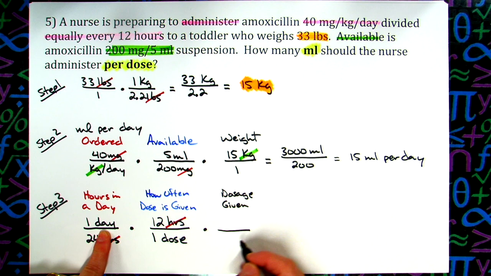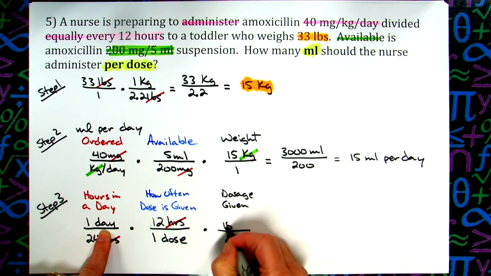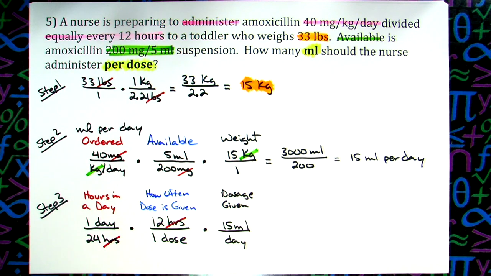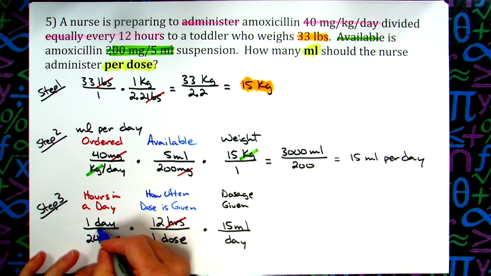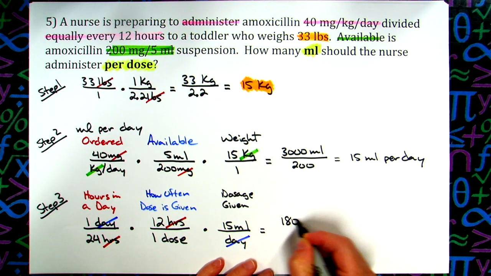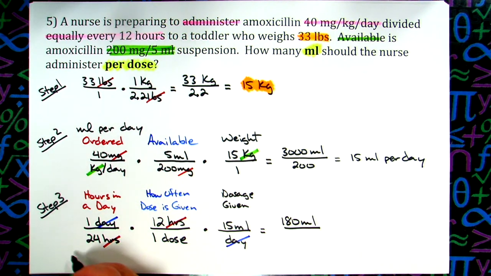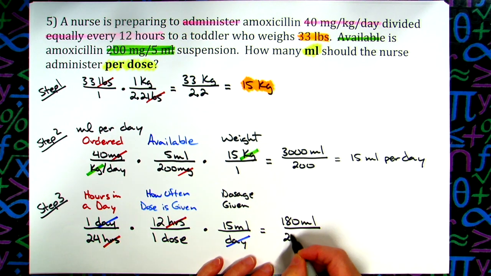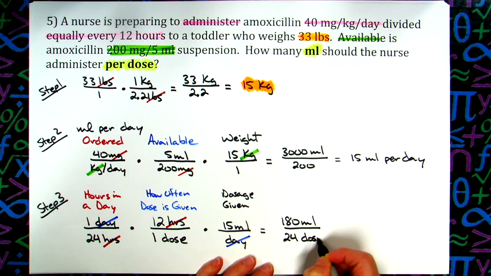So my day is going to go on the bottom, per day. 15 milliliters is going to go in the top. That's going to let me cross out now days with days. So then taking a look at your labels, you've got milliliters per dose. It's the only labels that are left. So now we know we're done. We don't have to multiply by anything else. Multiplying straight across, we'll have that 180 milliliters. Multiplying straight across the bottom, we'll have 24, and then we've got the label of dose.